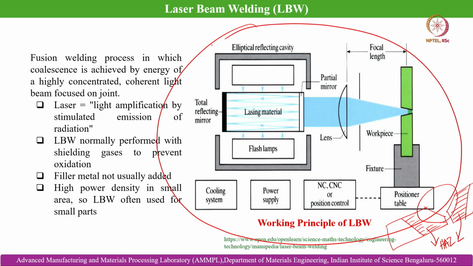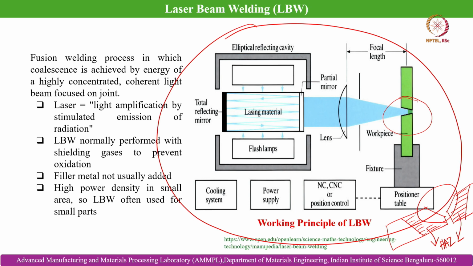Okay. So this shows the schematic of the laser beam welding setup. You can see the several functional parts. There is a lens which is responsible for focusing the beam over the workpiece, and this is an example of a single V butt joint. You can see the beam is exactly focusing on the weld joint. So my earlier discussion on the lesser size of the heat affected zone you can understand from here.